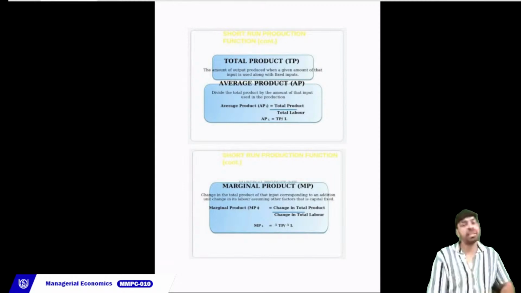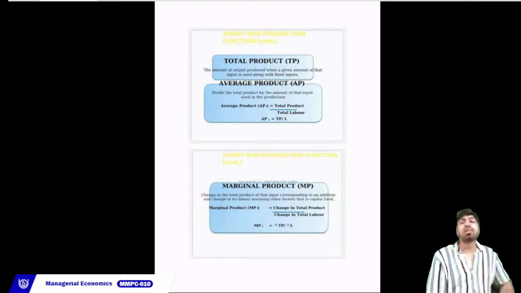In other words, TP by L, and that's called average product. So average product is a ratio of total product to total labor.